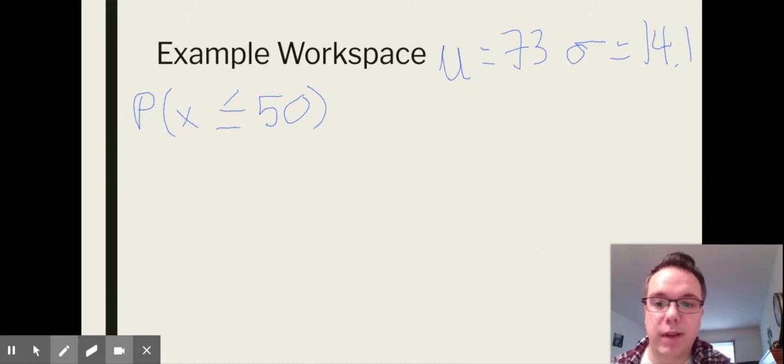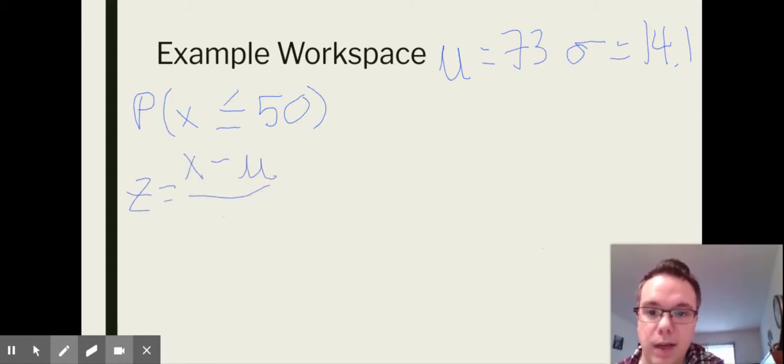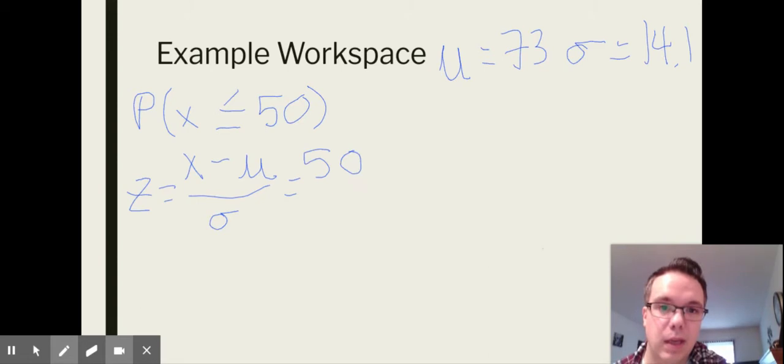So remember, to find a z-score, we are going to take the value we're given, subtract the mean, and divide by the standard deviation. So if we do that, the value we're given is 50. Our mean we were given was 73, and our standard deviation is 14.1.